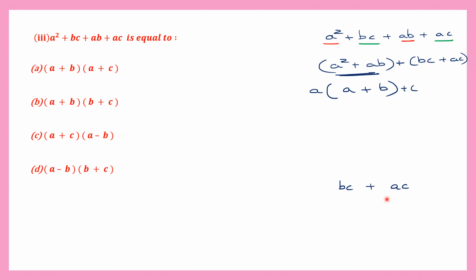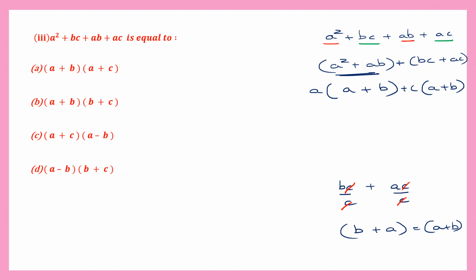So this is divided by c and this is divided by c. I can cancel this c and I can cancel this c. So what do I have here? I have b plus a. b plus a or a plus b is the same. And since I have a plus b here, I'll put this a plus b here. So this becomes a plus b.